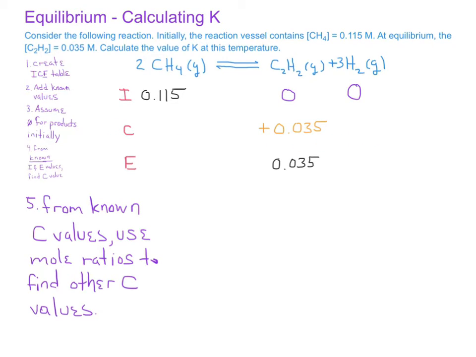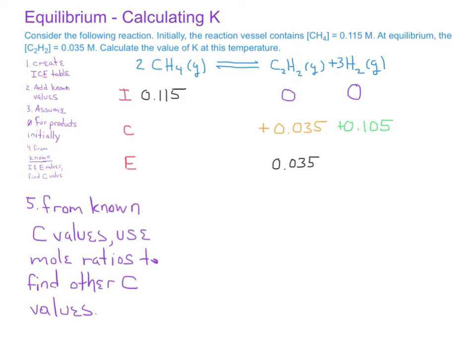In this case, since we know that the C2H2 changed by 0.035, and there's a 3-to-1 ratio between hydrogen and C2H2, then the hydrogen must have changed by 3 times the amount that the C2H2 did change. In other words, the hydrogen increased by 0.105 molarity.